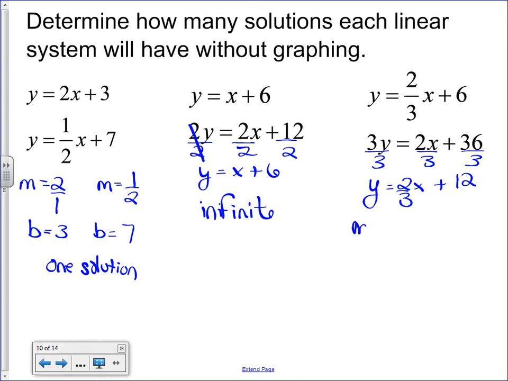So if I compare here, what's my slope in the first equation, Eric? What's my y-intercept? Jess, what's my slope in my second one? And what's my y-intercept? So how many solutions does this have, Trevor? Why do they have none? Good. Slopes are the same, y-intercept is different. Does anyone have any questions?